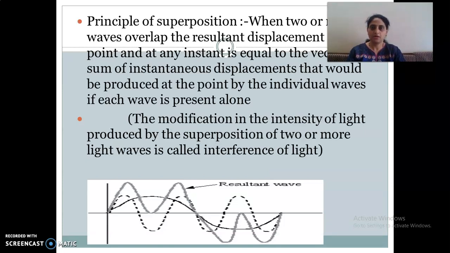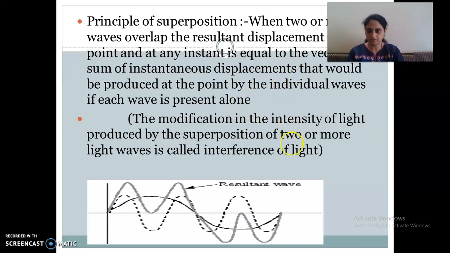After that, the principle of superposition: when two or more waves overlap, the resultant displacement at any point, at any instant, is equal to the vector sum of instantaneous displacements that would be produced at the point by the individual waves if each wave is present alone. The modification in the intensity of light produced by the superposition of two or more light waves is called interference of light.